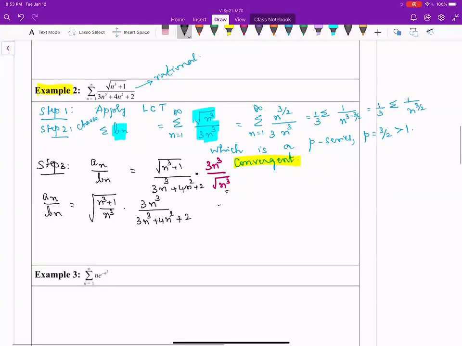As we are going to take the limit as n approaches infinity in the next step, we will reduce this. It's n cube over n cube, which is 1, then 1 over n cube. Then for this part, we will divide the numerator and the denominator by n cube.